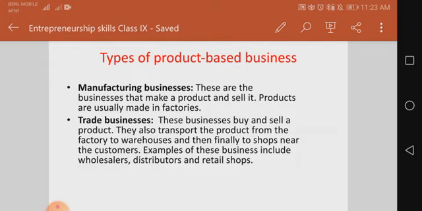So it's called a manufacturing business. When you are in a trade business, you do not worry about manufacturing of products. You only worry about the delivery of the products, whether it has reached in time from the factory or the company, how many dealers are there who are your customers, and how much sale there is for that particular product. That comes under trade businesses.